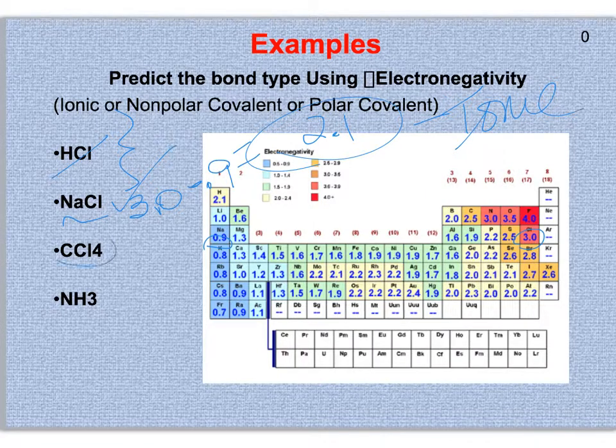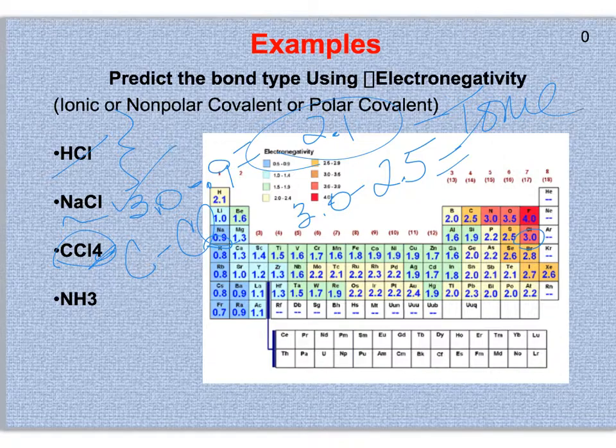Carbon tetrachloride. Now, this one, I want to point out, you're only looking at 2 atoms at a time, a single bond. So don't pay any attention to how many of each atom there is, and don't multiply electronegativity by anything. We're just looking at 1 carbon chlorine bond. Chlorine has an electronegativity of 3, carbon has an electronegativity of 2.5.